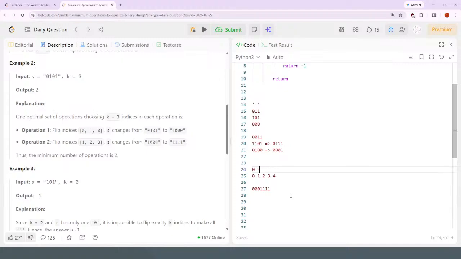Sorry. So it should be 1 step is here, 2 step is here. And then 3 step is here, 4 step is here. 4, okay.